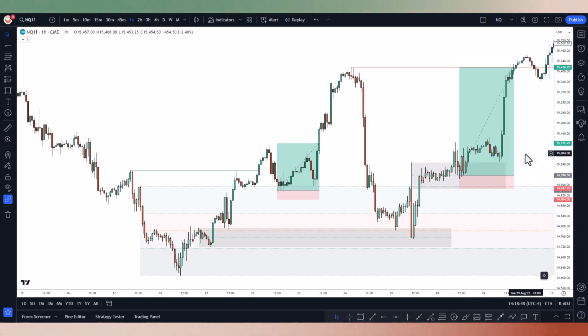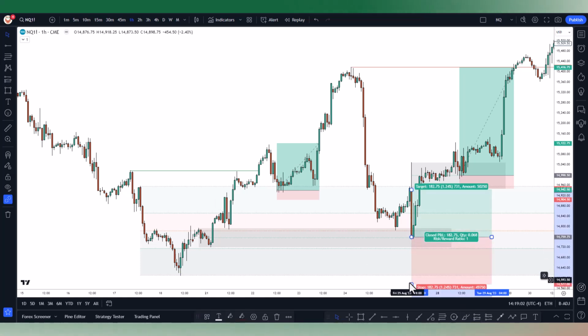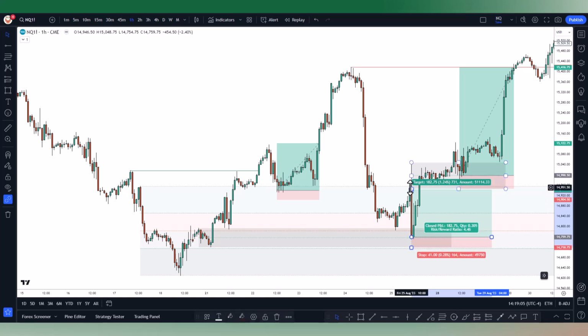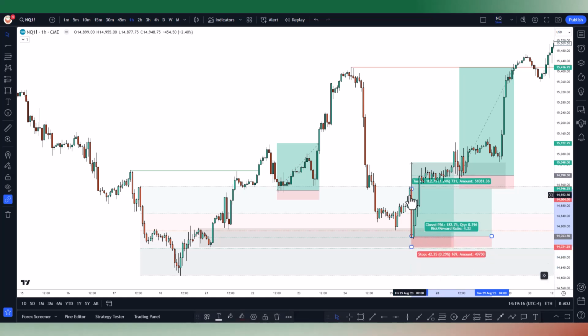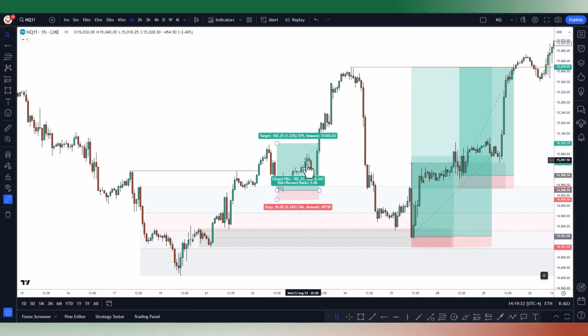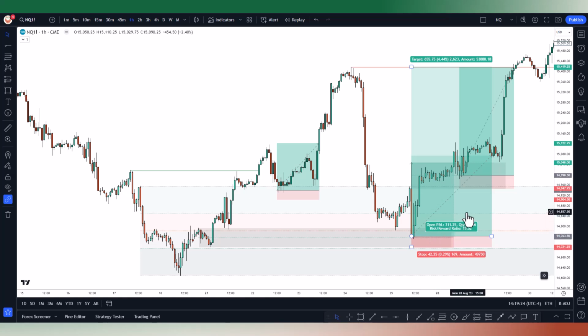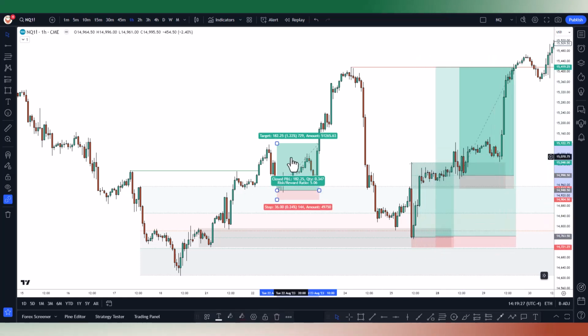That's the setup. So in this setup, how many trades could you have? You have one quick trade and you have one in here, and you have the same one if you want to leave some runners to this high. So you have 1, 2, 3, 4 trades, and all of these trades have a good and huge risk to reward.